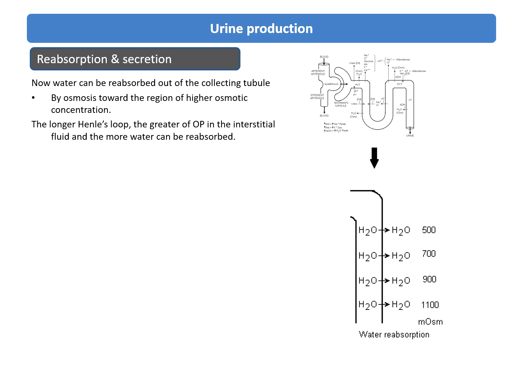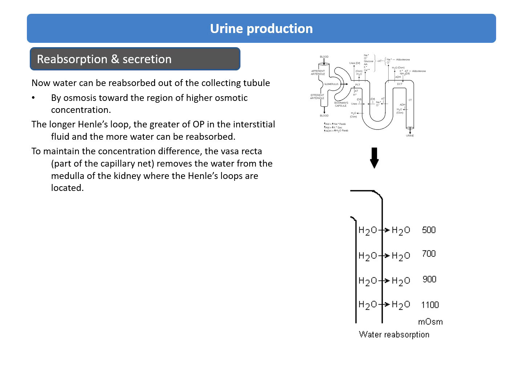The longer Henle's loop is, the greater the osmotic pressure in the interstitial fluid and the more water that can be absorbed. To maintain the concentration difference, the vasa recta, part of the capillary net, removes the water from the medullary area of the kidney where the Henle's loops are located.